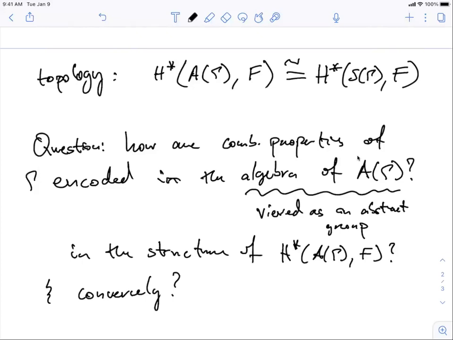For instance, it's known that if I hand you a right-angled Artin group, then the defining graph is unique. That is to say, if A of gamma and A of lambda are isomorphic right-angled Artin groups, then gamma and lambda were isomorphic graphs. This is due to Droms.